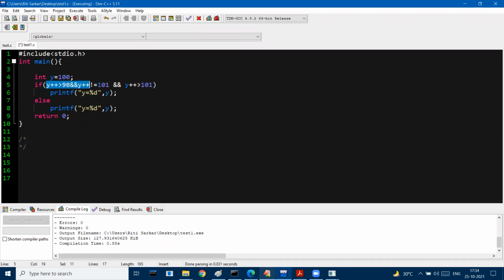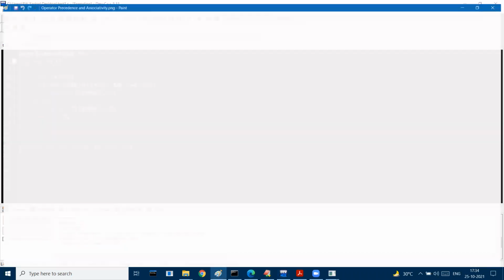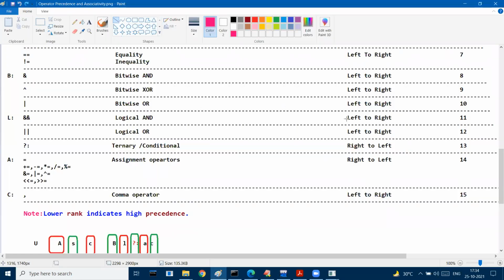But before that, you have to understand one thing, guys. Observe here carefully. Here you are having how many logical AND? 2 logical AND. Once you are having 2 logical AND, who will come into the picture? Associativity. Associativity of logical AND is left to right. In our last session, we have seen that.